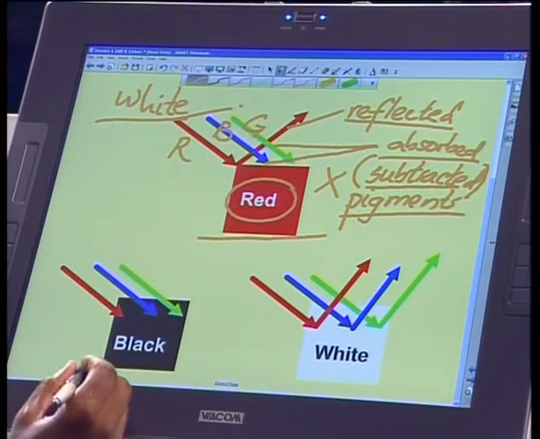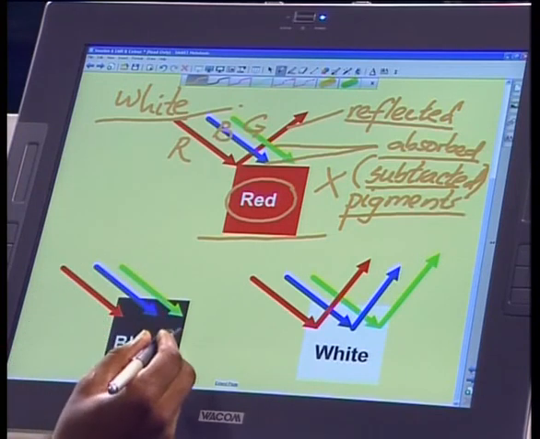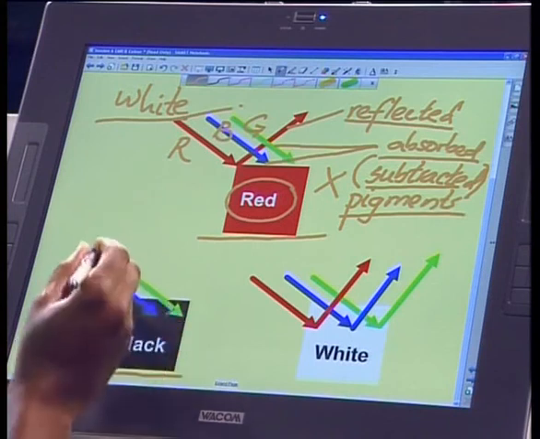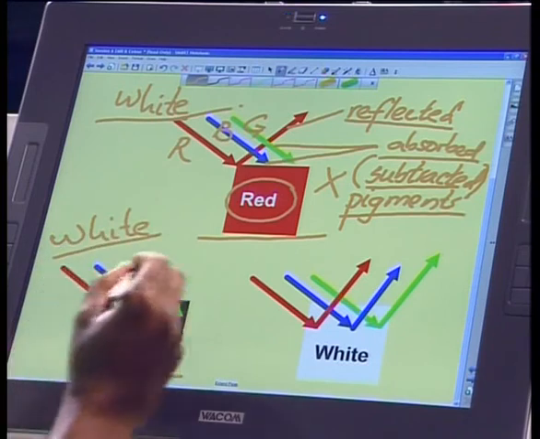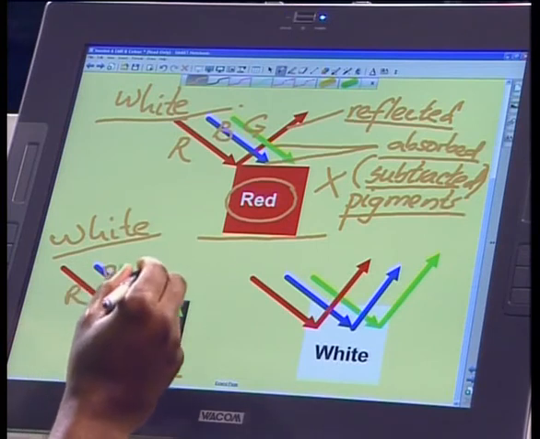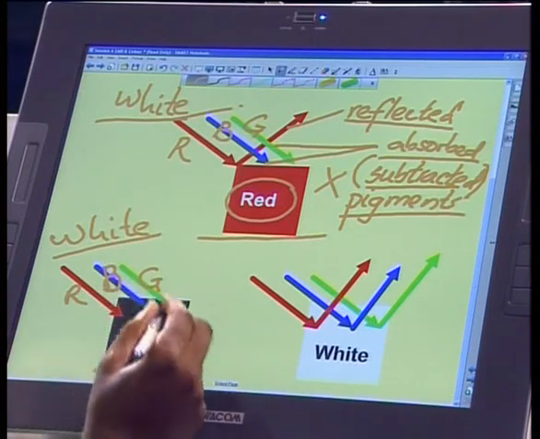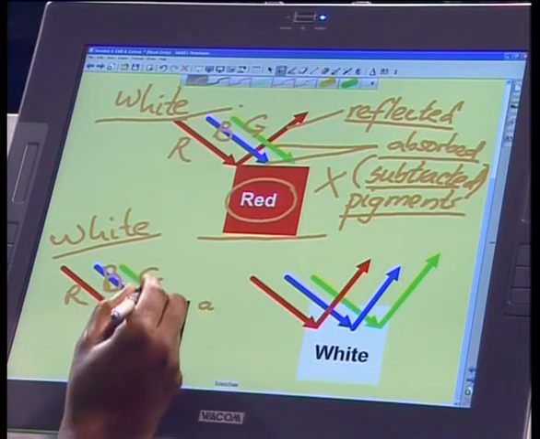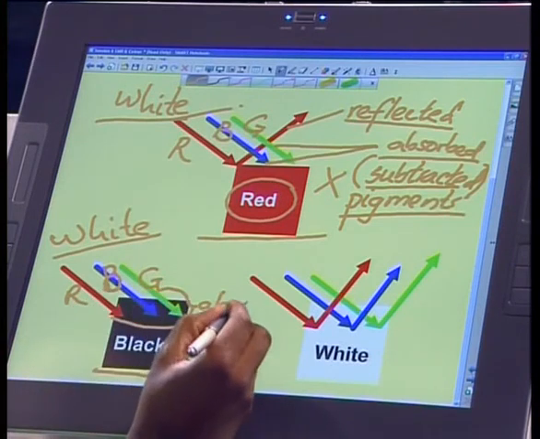Let's look at this black one. What happens for us to see something as black? In other words, absence of color. What happens is that you have your white light made up of your primary colors again, your red, your blue, and then your green. But then this black object, or this object that appears black, absorbs all of these: red, blue, green, absorbed.